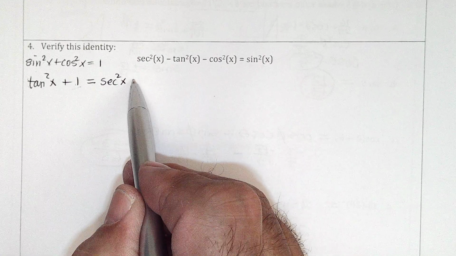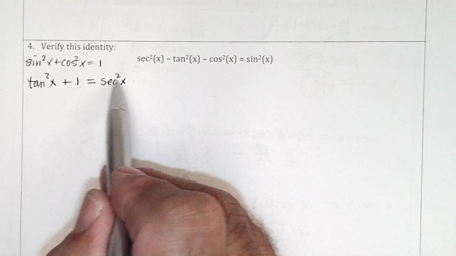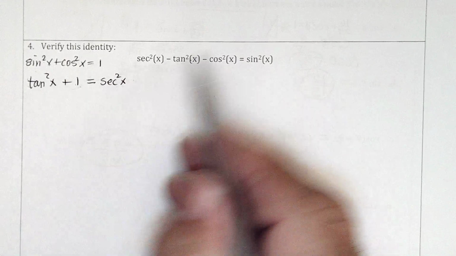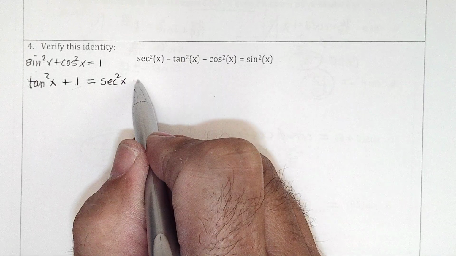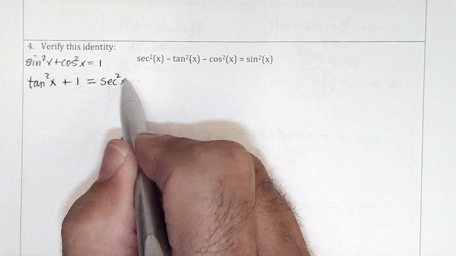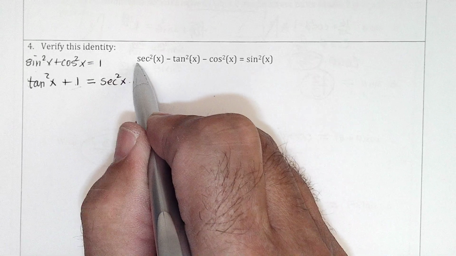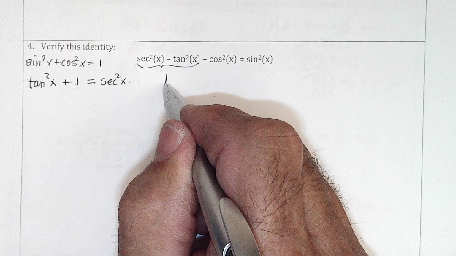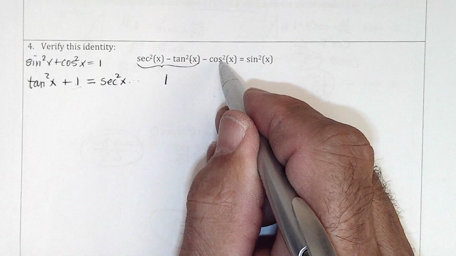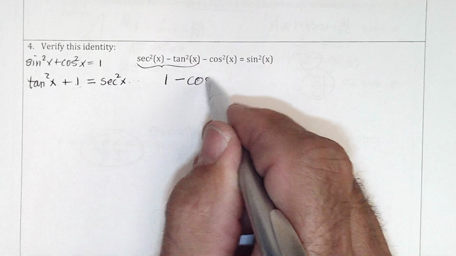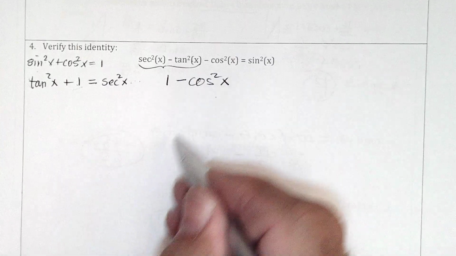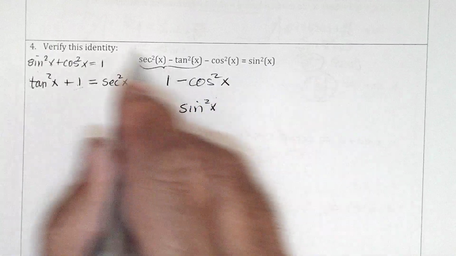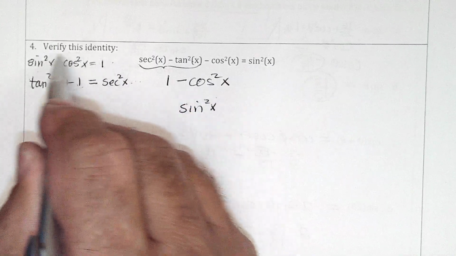You could subtract 1 over to here and put secant squared x minus 1 in for the tangent. Or you could say subtract the tangent over and say secant squared minus tangent squared is 1. You use any one of those three substitutions and you should get this part to equal 1. And then minus cosine squared x. And 1 minus cosine squared is sine squared x.